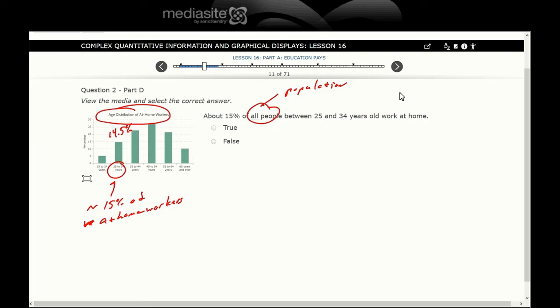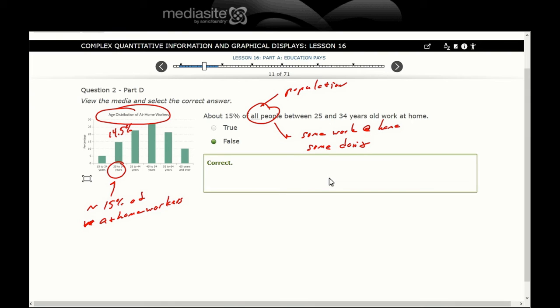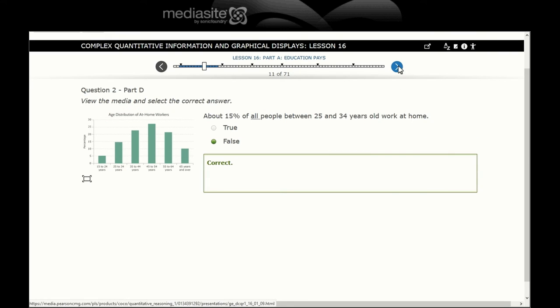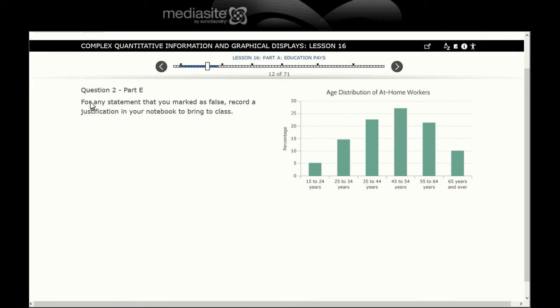The graph is showing people who are known to work at home. Of this population, some work at home and some don't. So this has got to be false. Again, you got to read how the question's worded and what the graph is displaying. Very, very subtle points and concepts there. For any statements that you marked as false, record justification in the notebook in the class. That's nice.